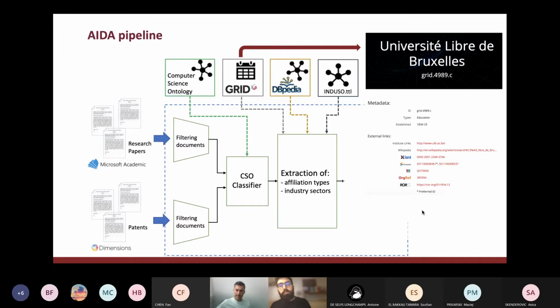GRID is the Global Research Identifier, and here is an example of the Université Libre de Bruxelles. There is the identifier. Each academic institution, company, government body, hospital or university has got its own ID, and with the ID comes a lot of information.